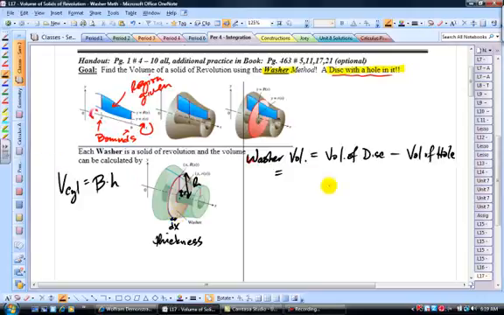Just recall that. So what we're going to do is take pi times the radius, in this case capital R, squared, times its thickness, in this case dx, minus pi times little r squared, because the volume of the hole is calculated given the small radius, times its thickness, which is the same, dx. So both of these involve pi and both involve dx.